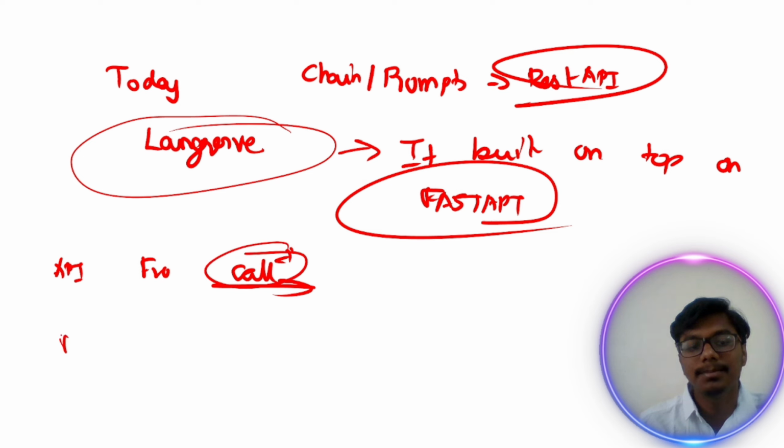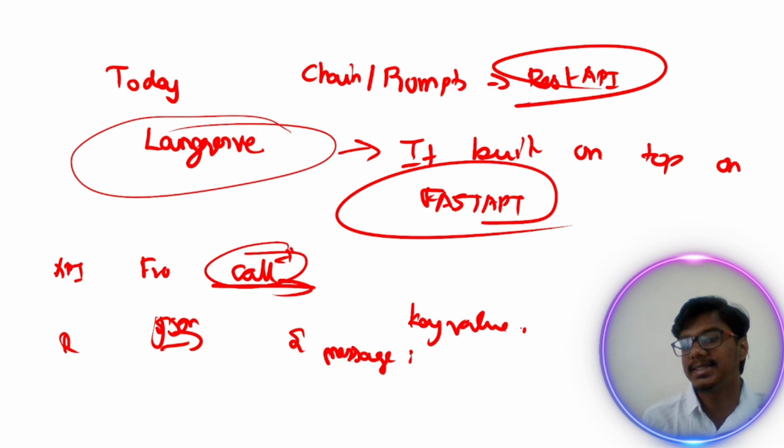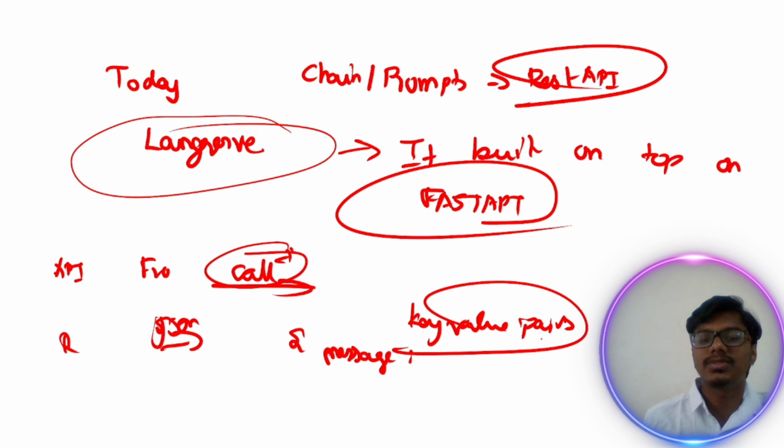The REST API uses the JSON format. JSON format is nothing but a dictionary, like in Python, with key-value pairs. So the REST API uses the JSON format from front end to back end. That's how the chains and prompts use the REST API.